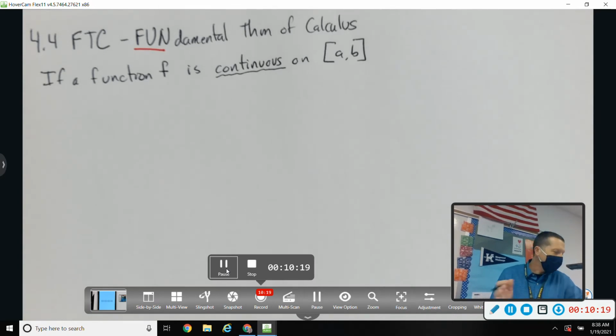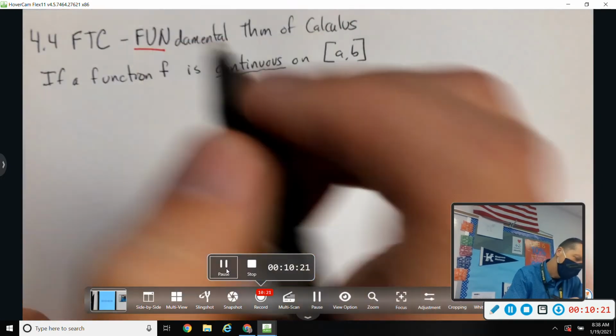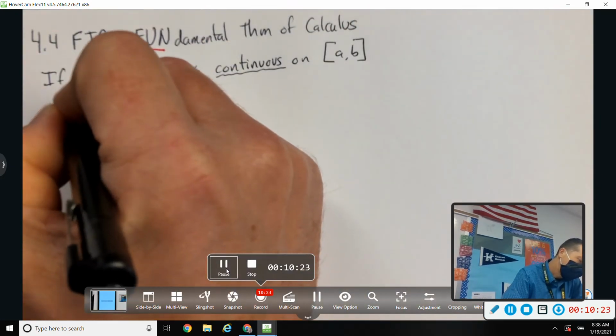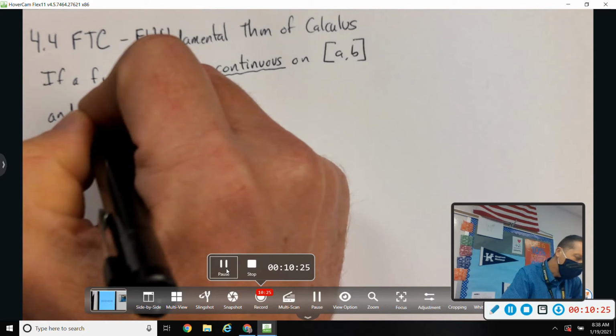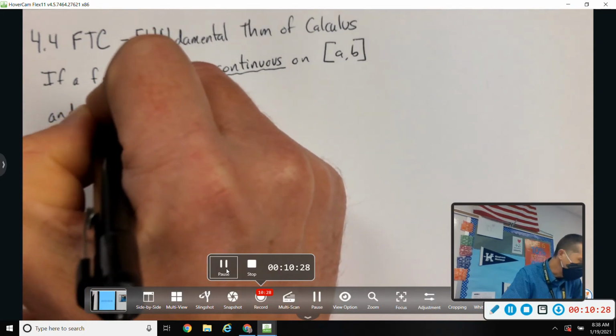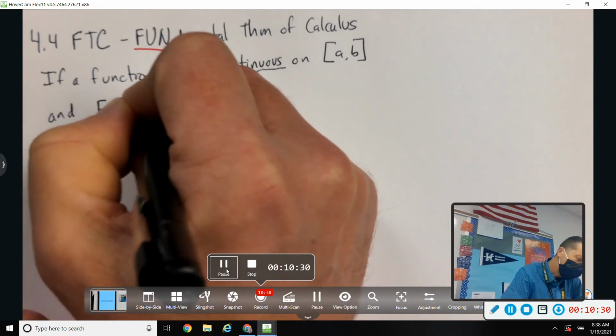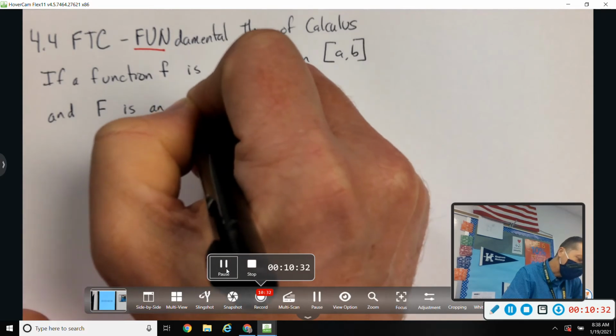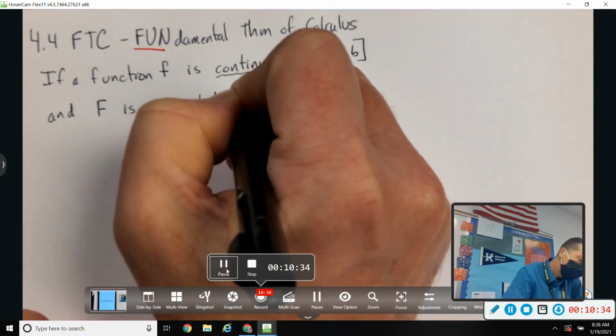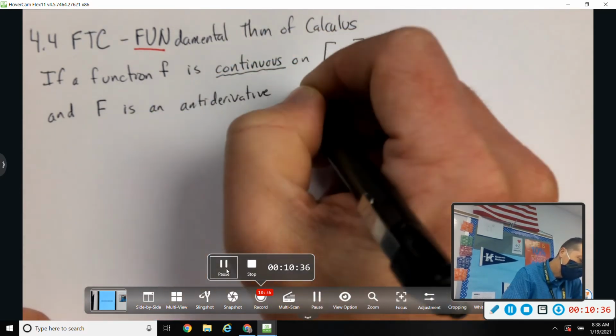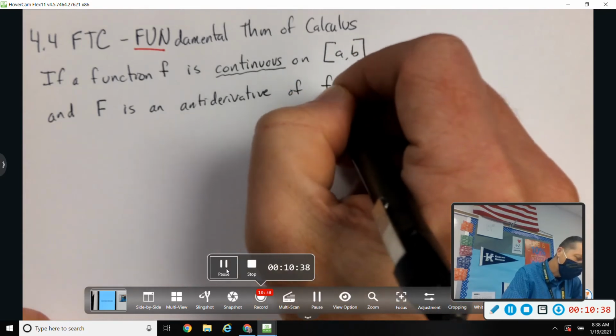So as long as the function is continuous. And then here's some new symbols, or using symbols in a little bit different way. Capital F is an antiderivative of lowercase f.